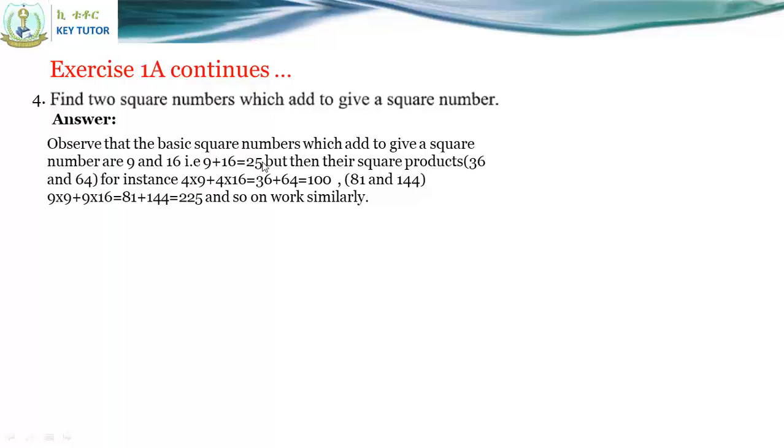We don't have fixed square numbers. For instance, if you take 9 times 9, that is 81. 9 times 16 is 144, which gives us 225, another square number. We don't have simply two square numbers, but we have several of them.